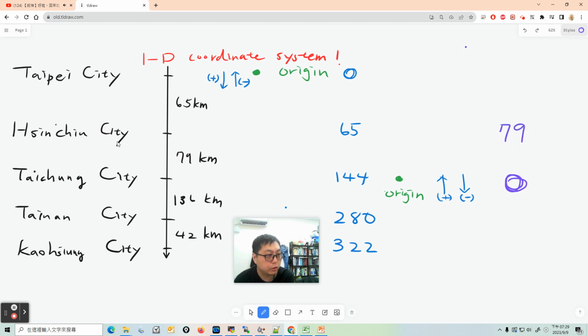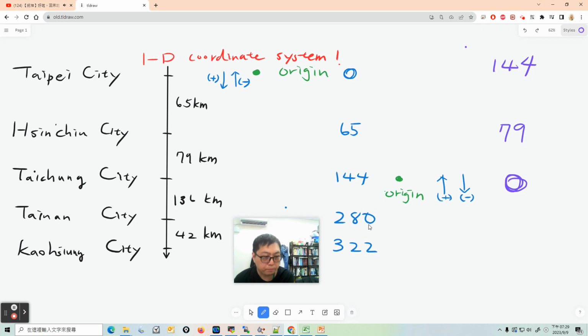And what's the position of Taipei City in the new coordinate? It's 79 plus 65, so it's 144.